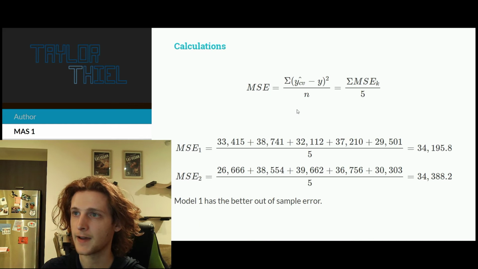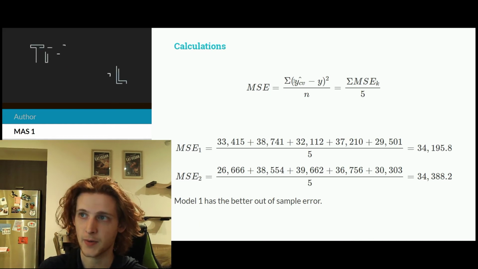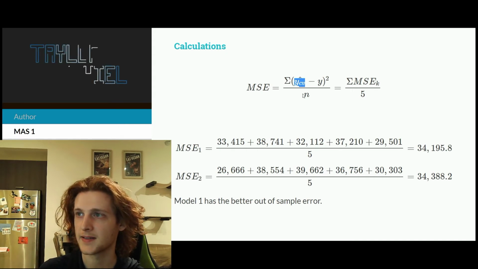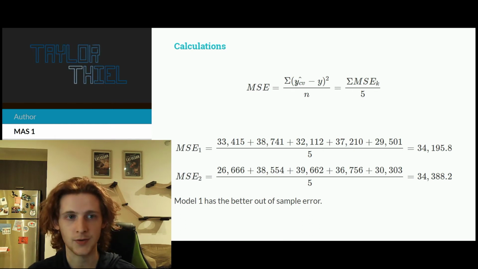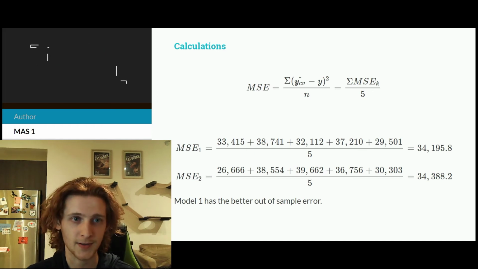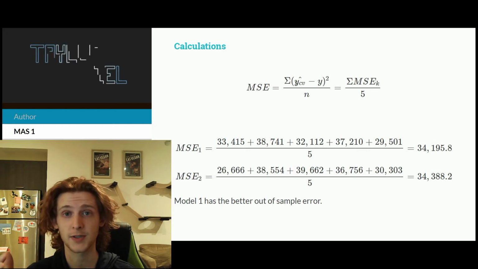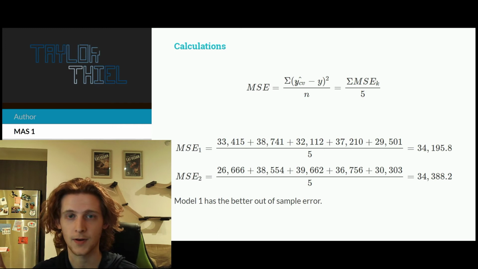We can look at the fact that mean squared error is the summation of the squared errors of our cross-validation model divided by the sample size. So this is for a cross-validation error. In our case, we had 5 observations, so actually that was a special case of cross-validation error, which is called leave one out cross-validation.